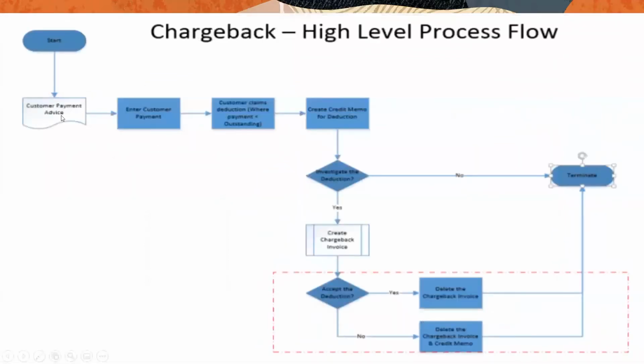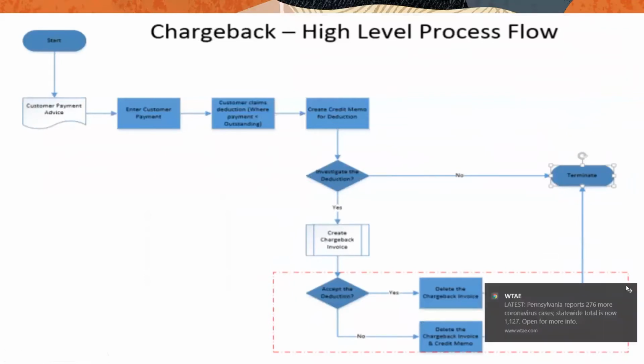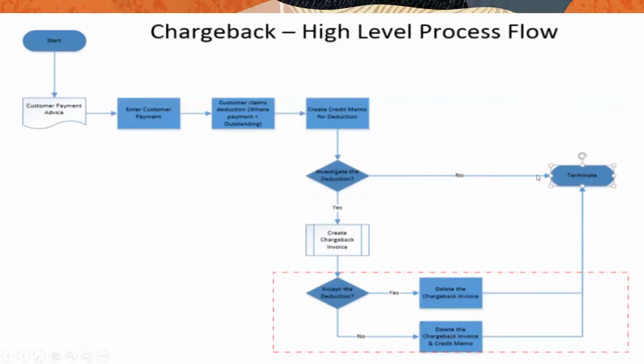Chargeback, similarly, you get a customer payment coming in, but there is an investigation that needs to be done. Instead of just writing it off without investigation, you can set up a chargeback invoice that can go on hold, and you can bill the customer back if you don't accept the deduction.